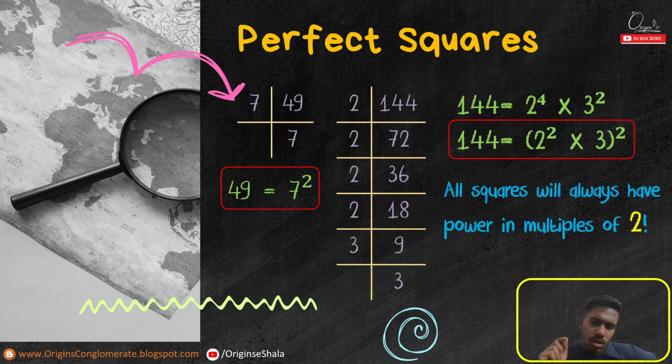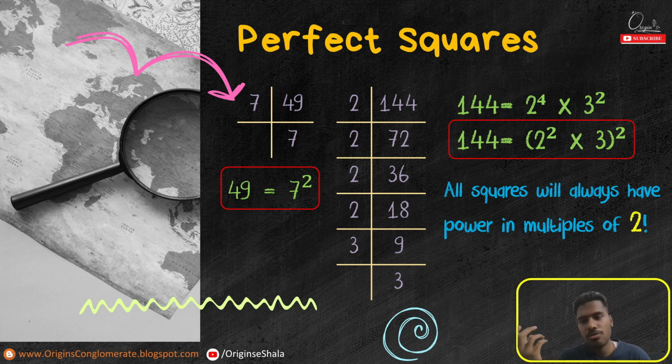But for composite numbers, how do you know? In that case, every prime number which you are using to represent the multiplication, all of their powers should be even numbers, or to be more precise, multiples of 2. Here, as you can see, they were 4 and 2. It can also be 8, 6, even 12, any power which is a multiple of 2. That will be a square.